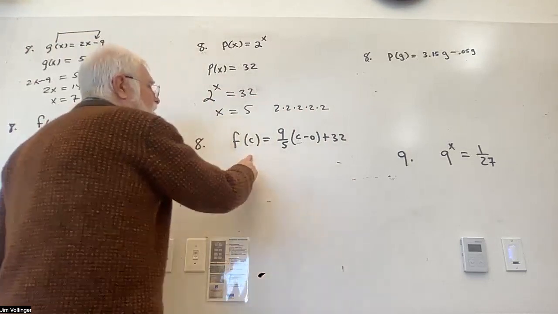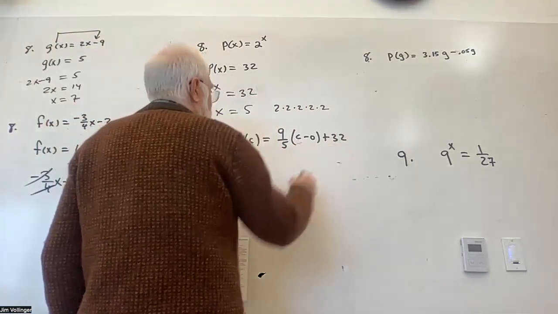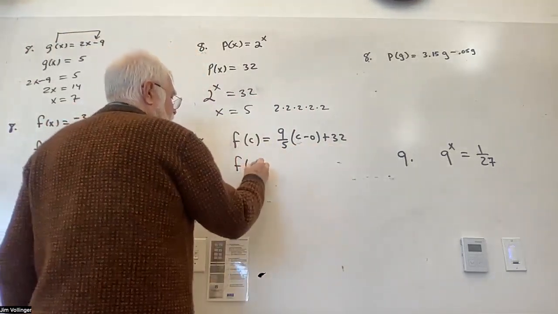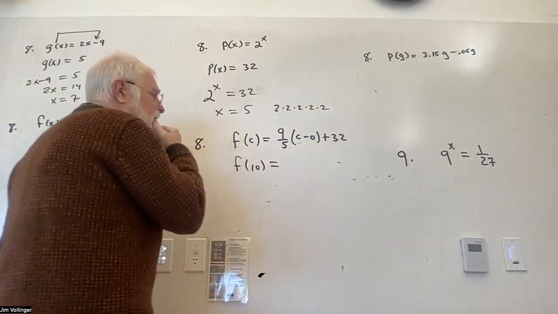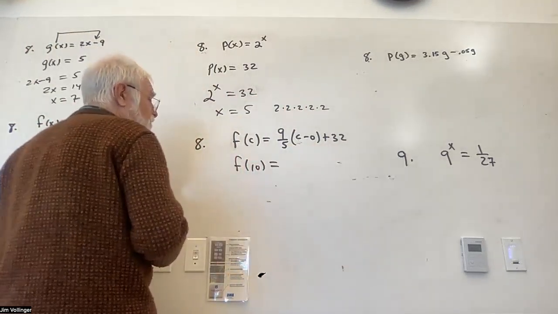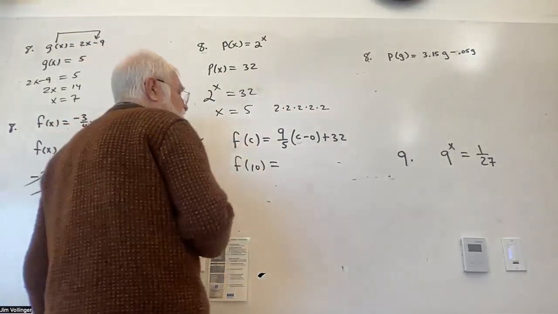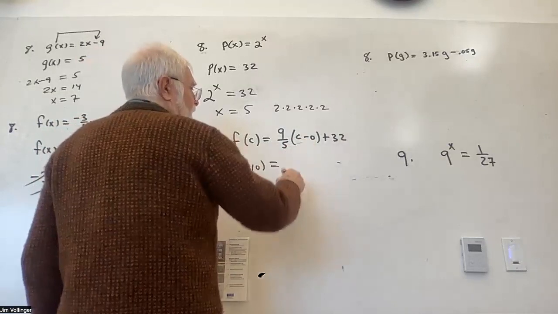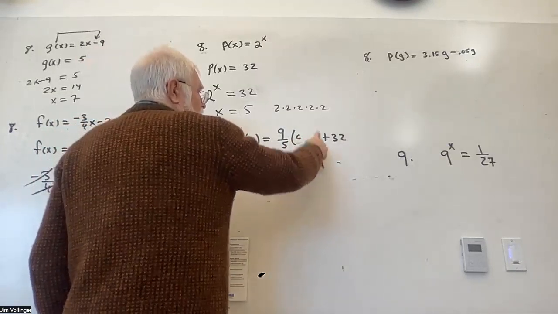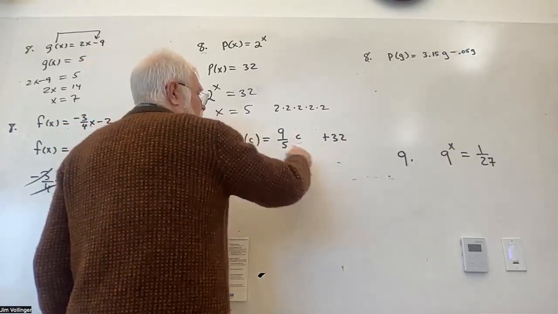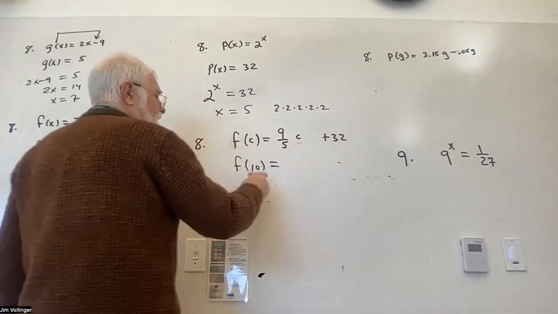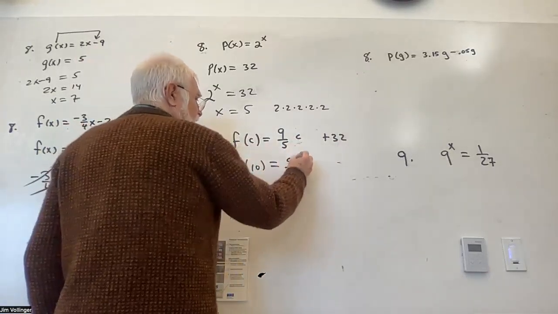F of c equals 9/5 c minus 0, so let's find f of 10. So what did I just give you from the last lesson set? Celsius gives us Fahrenheit. So Fahrenheit based on the Celsius temperature. I don't need that minus sign there, so it's really 9/5 c plus 32. So how many times does 5 go into 10?